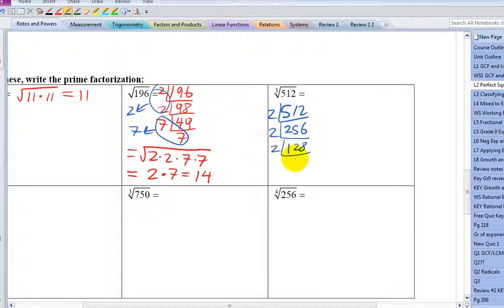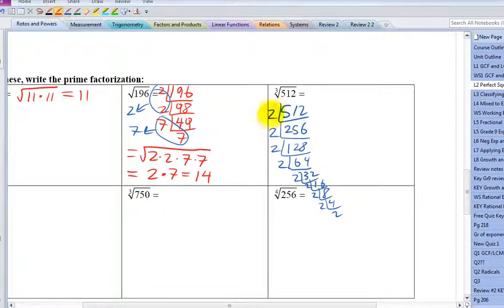Divide by 2. Can you finish it off? Oh, it's a long one, isn't it?